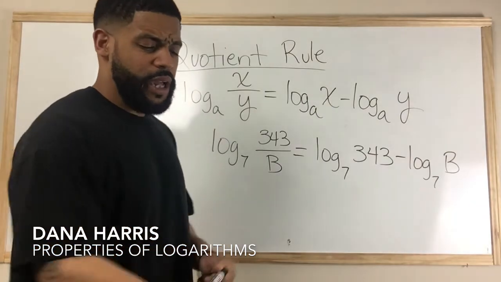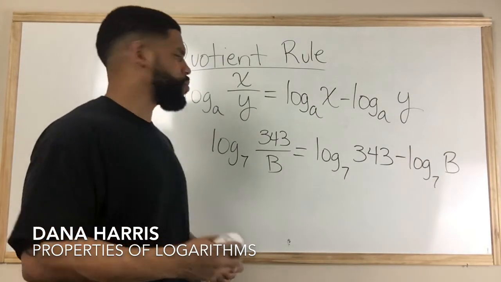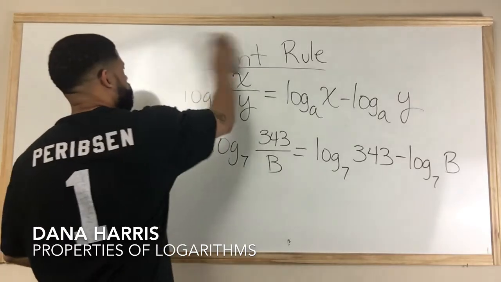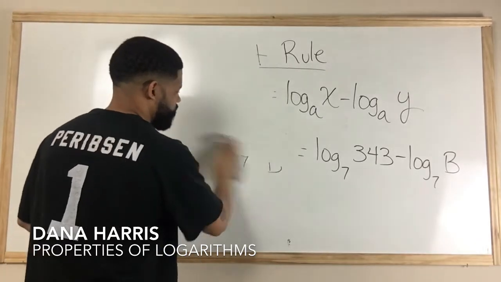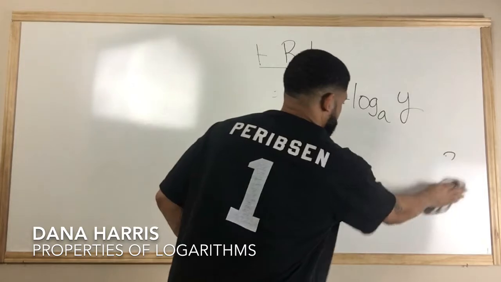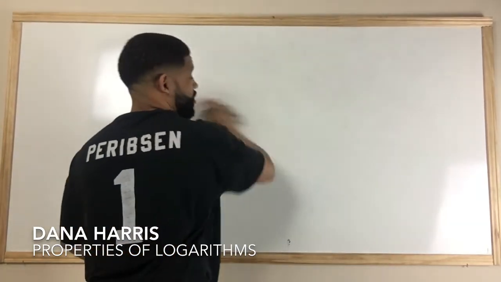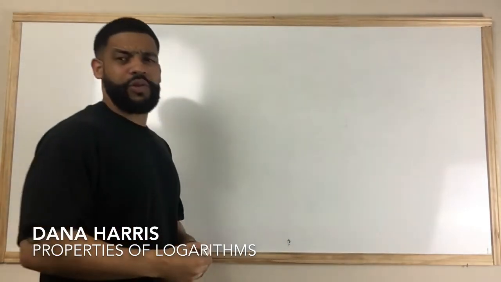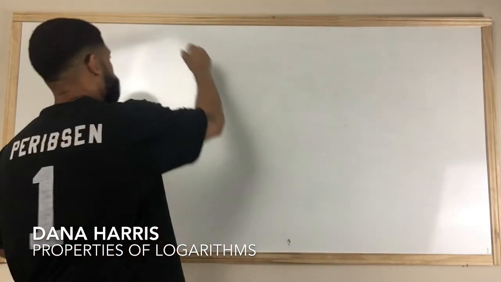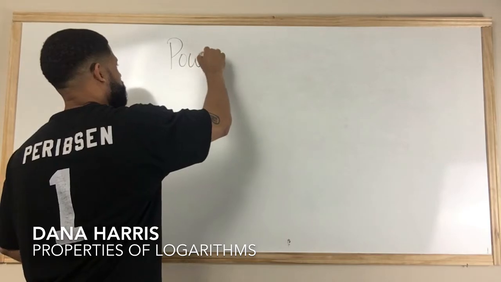Okay? Now we have one more rule that we must look at with logarithms. And this rule is called, I'll tell you in just a second when I erase all this stuff. This rule is called the power rule. Okay?